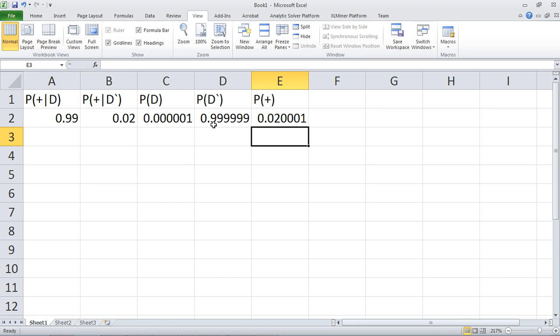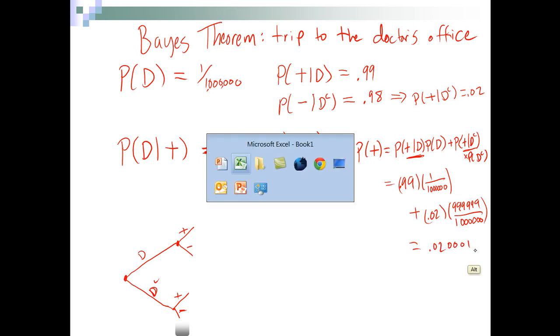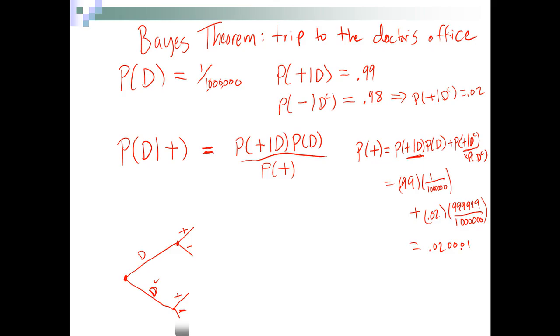And the probability of a positive test result given the disease is 99%. And the probability of having that disease is this 1 in a million number, so very small. So we have the probability of a positive test result is equal to 0.020001. Yes, 3 zeros here.